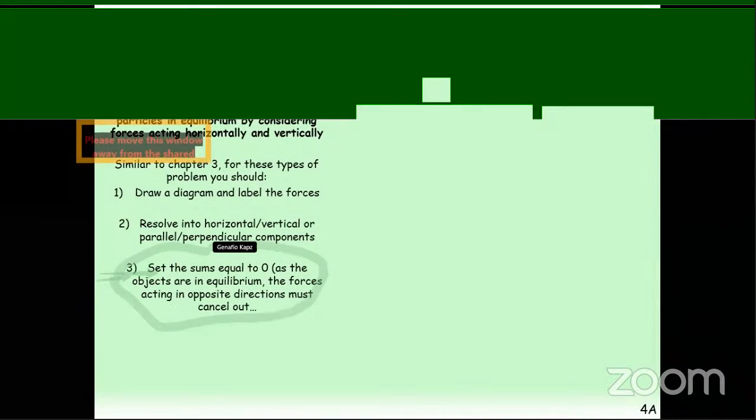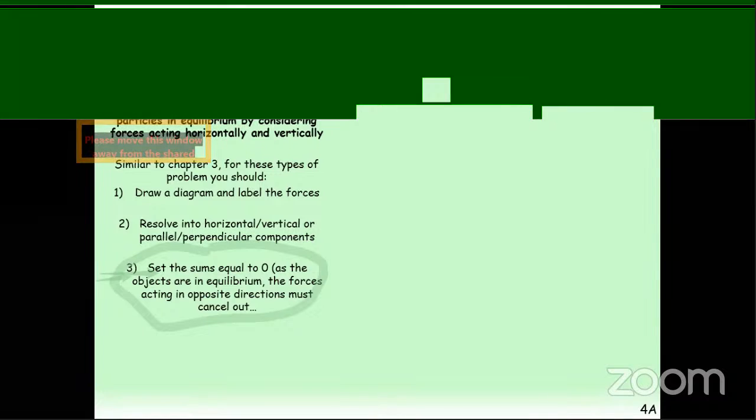So yes, we are saying the sum is equal to 0 because we are saying that the forces are in equilibrium.